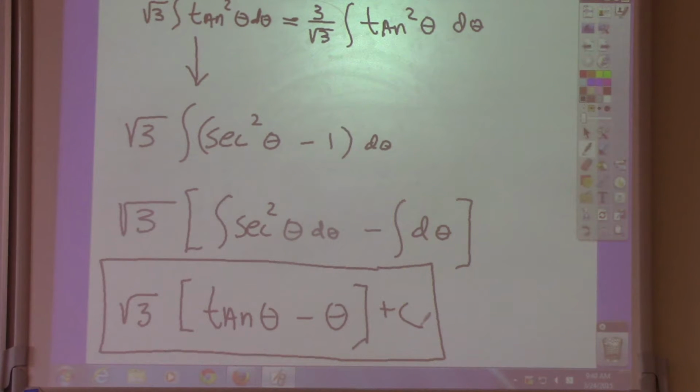Alright, I think we did one with the tangent, we did one with the secant. Let's try one with the sine. See, there's one in the book, x squared minus x squared. I'm looking, just give me a minute.